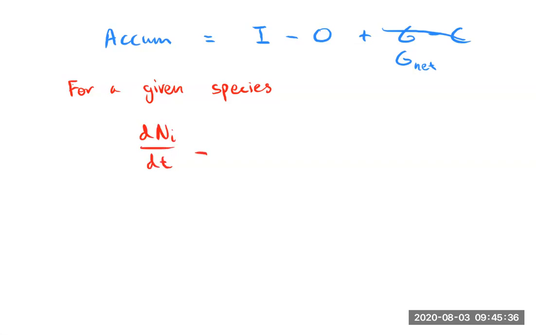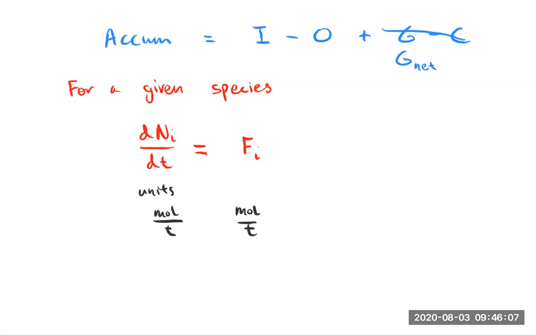If we think about what was going in, that was our F of I. Let's just do a quick check here to look at units. We have moles per time, and this is a molar flow rate, so we have moles per time here. So these check out.